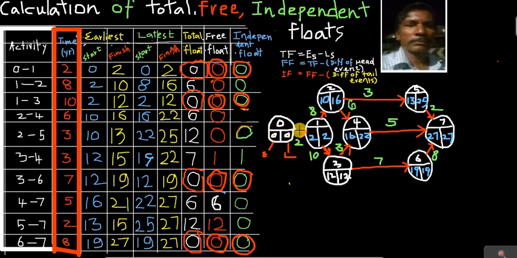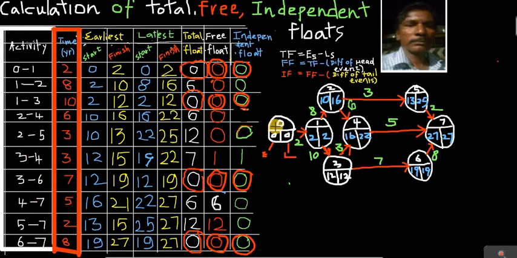Then divide each event into two parts. This is earliest time, this is latest time. Similarly for all the events, we have to divide into two parts. The first place is for earliest time calculation, the second one is for latest time calculation.